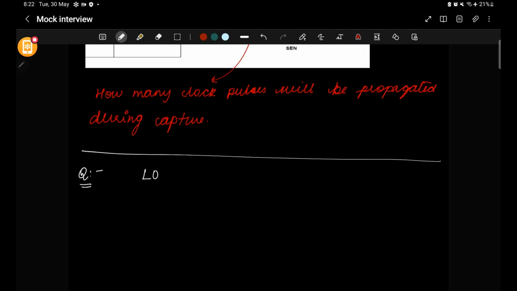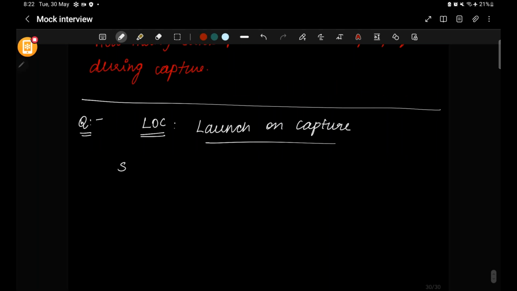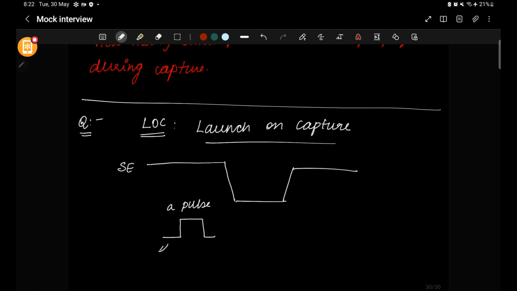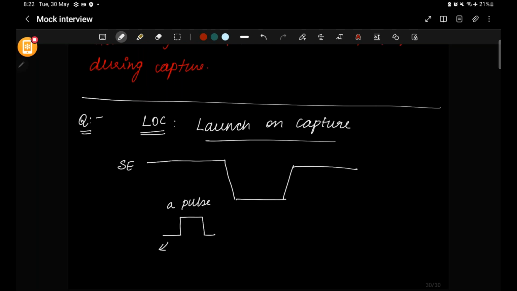Okay. So LOC is launch on capture. Here if you see LOC, this is scan enable. Here you are having this A pulse, which is the last shift pulse.